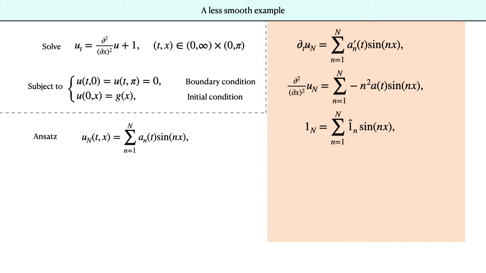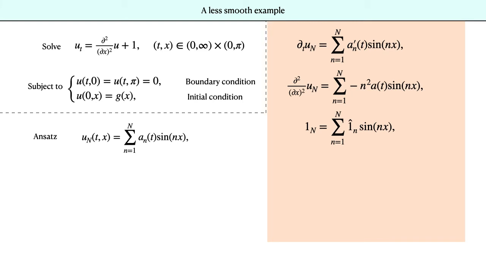This is the same philosophy as before. We will not be able to solve the equation exactly, but we can solve it if we replace every object in the equation with approximations. And by approximations, I mean the best approximation that our sines can give you.